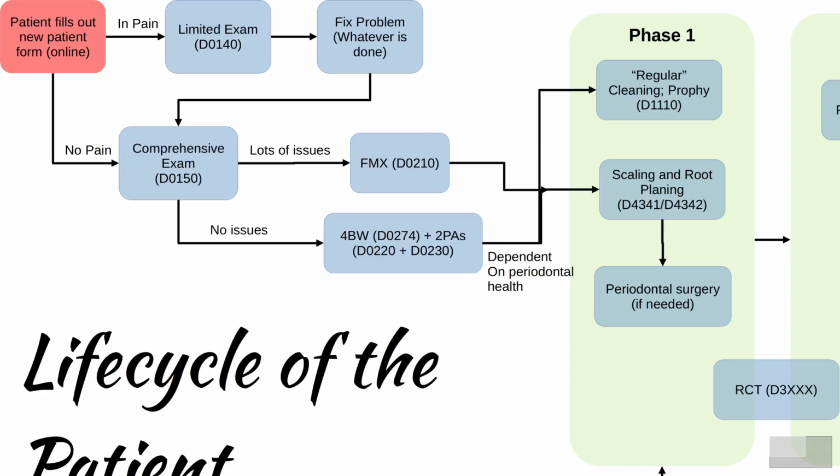So at the end of the comprehensive exam, the patient will actually be given a full treatment plan. Now, in that treatment plan, there's going to be a number of procedures, and these procedures will be phased. So there will be actually phase 1, 2, 3, 4.